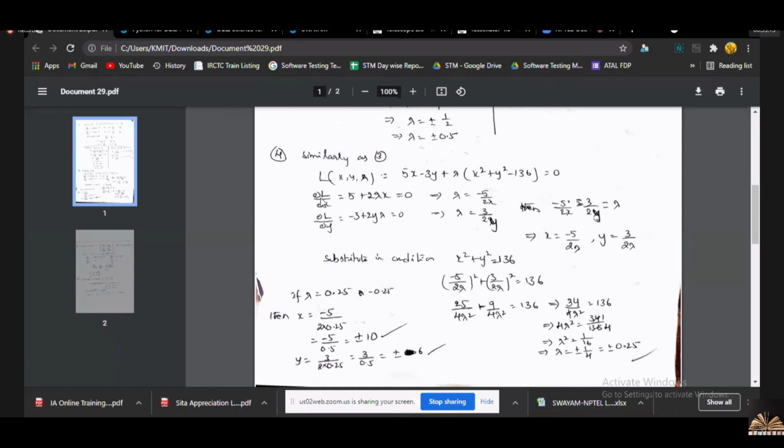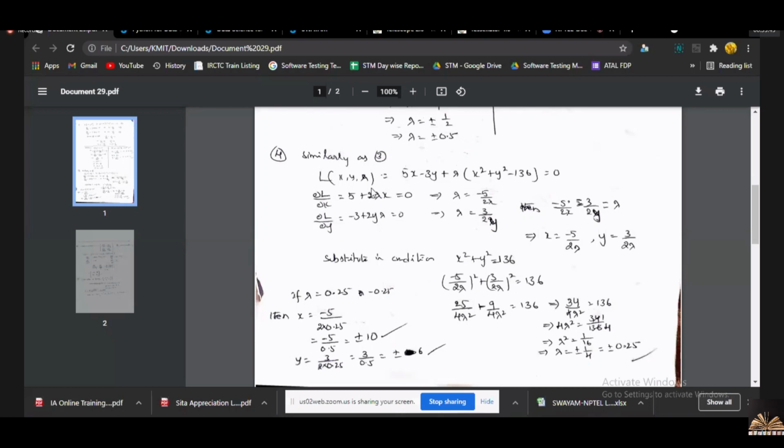The first derivative with respect to x gives 5 plus 2 lambda x equal to 0. Similarly, the first derivative with respect to y gives minus 3 plus 2 lambda y equal to 0.